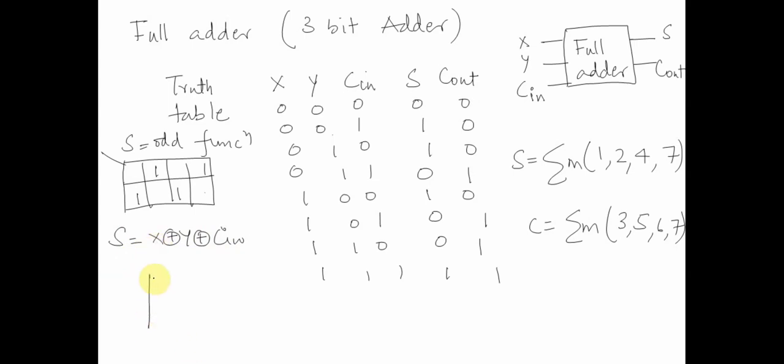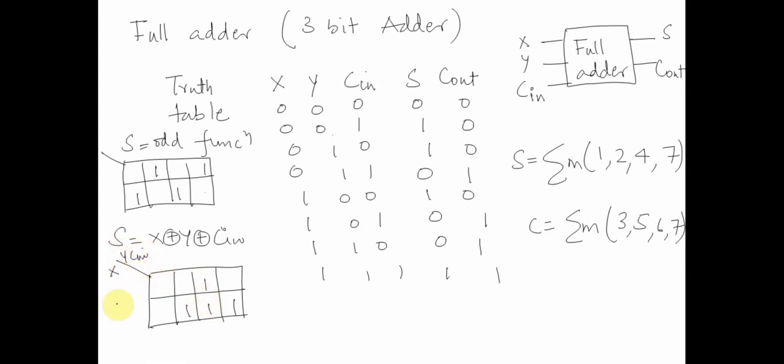Whereas if I have to look at my carry out, it is something like this, with cells 0 through 7, right? So what we can do over here is look at the combination of x, y, and c.